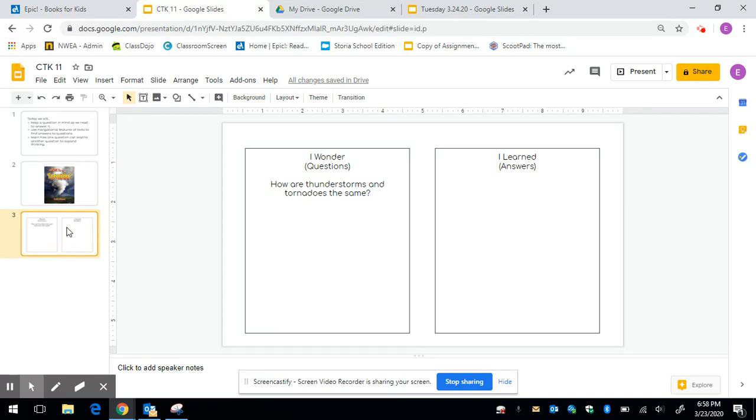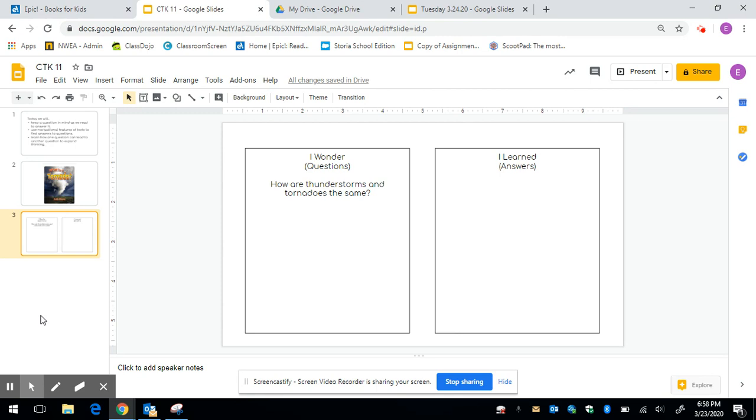And today we're going to be focusing on ways to answer these authentic questions to expand what we know about a topic. And in this case, our topic is tornadoes. So I'm going to show you how I keep my question of how are thunderstorms and tornadoes the same in my mind as I read the text, and I'm going to look at the pictures and the text to try to answer it.